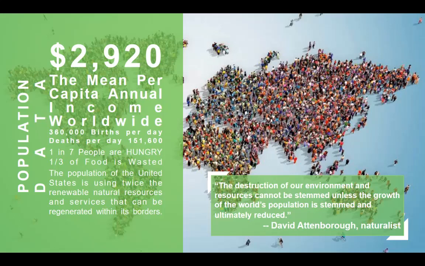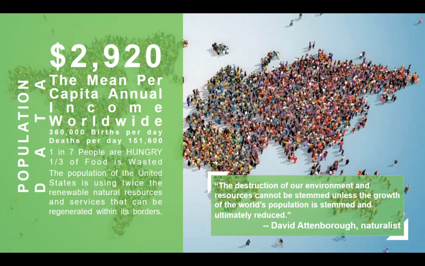And at the same time, of those people, 1 in 7 of them are hungry. But in Western worlds like the United States, 1/3 of our food is wasted. It's just wasted. The population of the United States is using twice the renewable natural resources and services that can be regenerated within our own borders. So that means we have to take those resources from somewhere else.